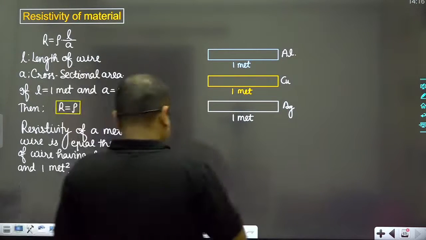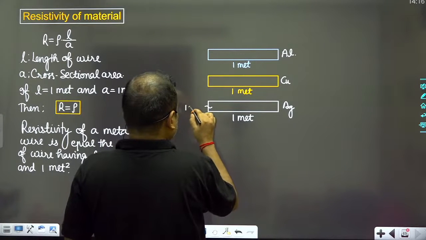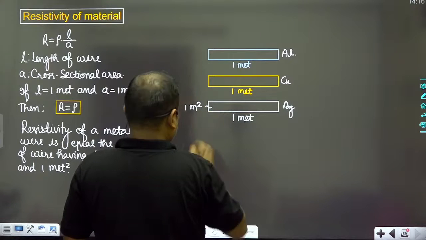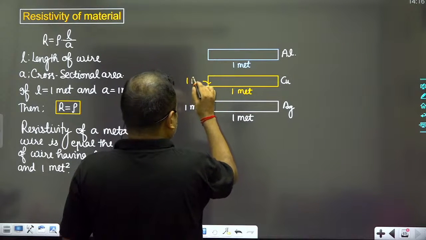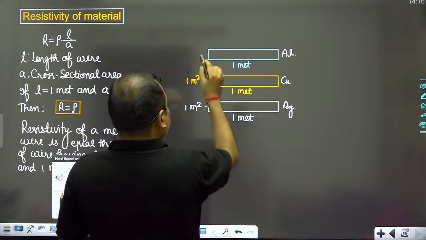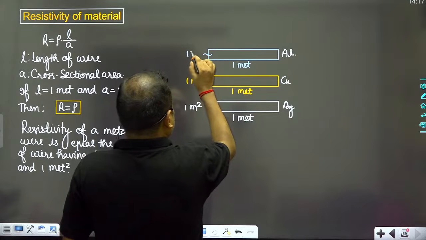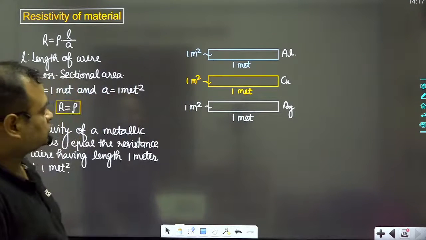And the cross-sectional area of each of these is also 1 meter square.